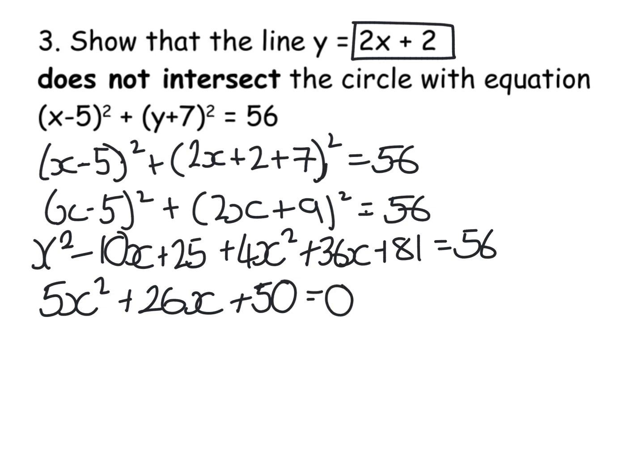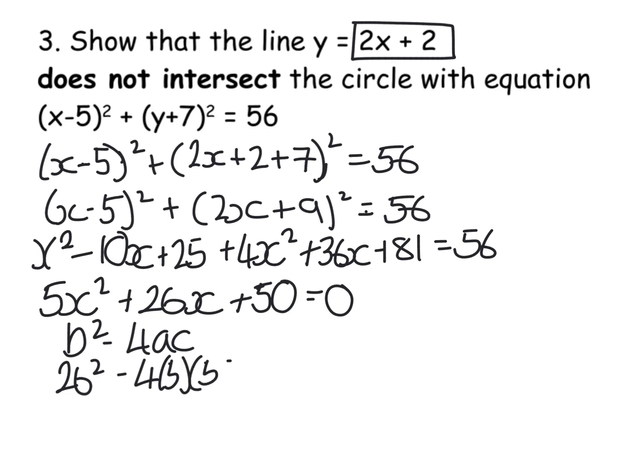Now, a quick glance, this isn't going to factorise. A lot of times when they do factorise, there's a common factor here. So we have to go to the discriminant to prove that it does not intersect. So we're going to do b squared minus 4ac, which will be 26 squared minus 4 times 5 times 50.